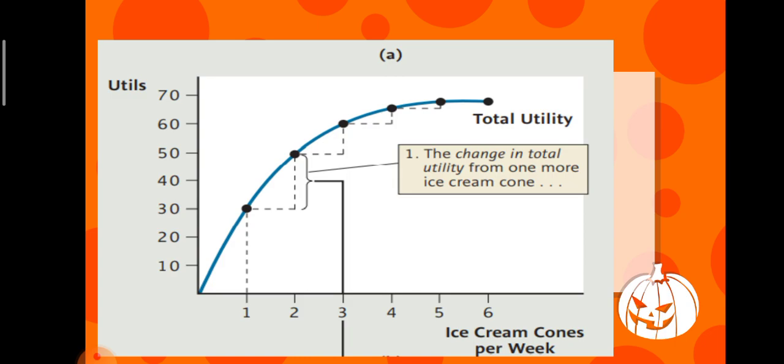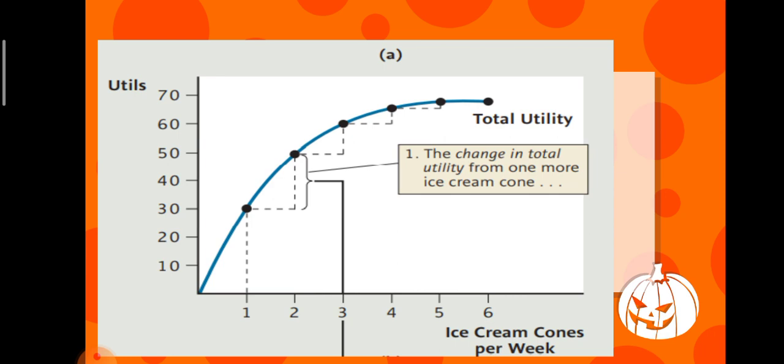Now, the horizontal axis measures the number of ice cream cones Lisa consumes each week, and the vertical axis measures the utility she derives from consuming each of the cones.